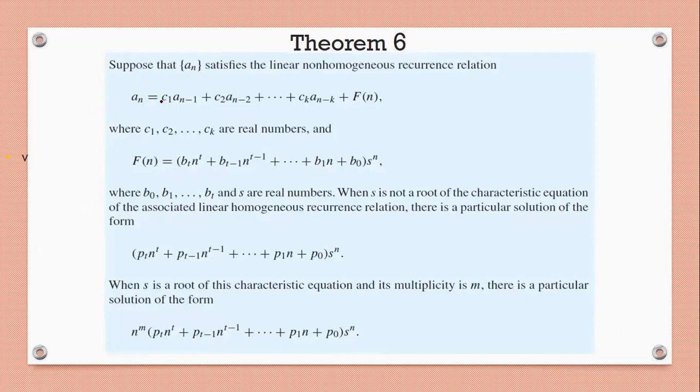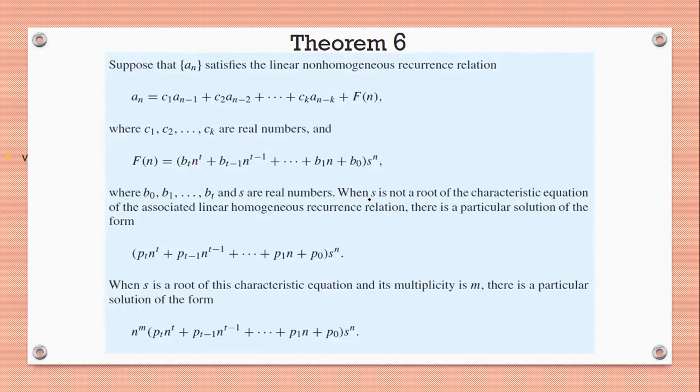Suppose that an is equal to c1 an minus 1 plus c2 an minus 2 plus and so on up to ck an minus k plus f of n, where c1, c2 and ck are all real numbers, and f of n is equal to bt n^t plus bt minus 1 n^(t-1) plus and so on, b1 n plus b0, where all of these are real numbers. So these are just simply constants. What is important is that we are raising n to the power of t, t minus 1 and so on.